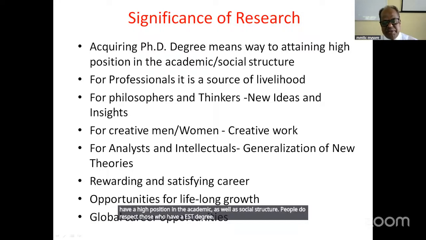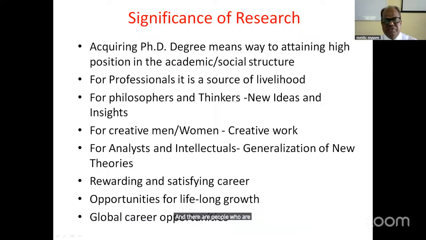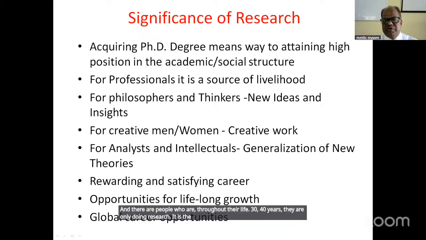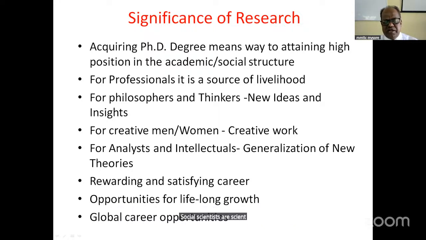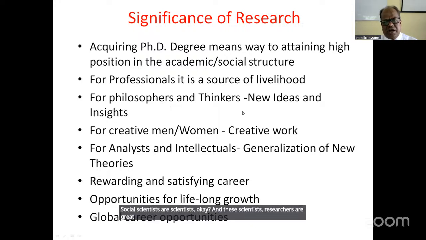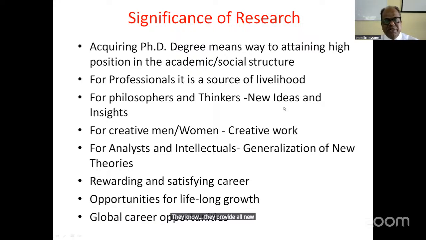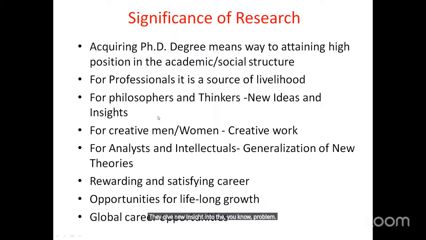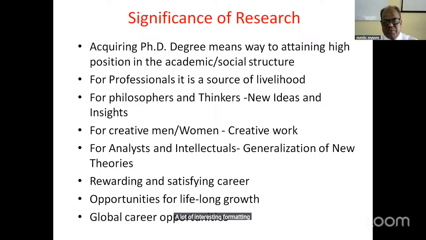And there are people who, throughout their life, 30, 40 years, are only doing research. It is the source of livelihood. For example, scientists, social scientists are scientists. And these scientists, researchers are great philosophers also, and also thinkers, because they have new ideas. They provide all new ideas for a particular problem in the society. They give new insight into the problem, societal problem, whatever it may be.